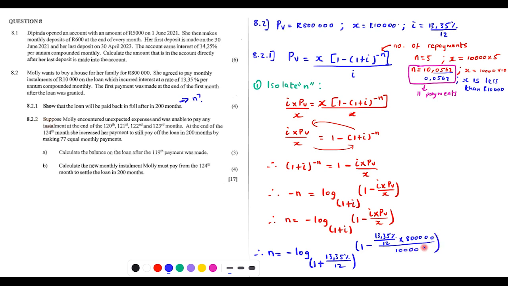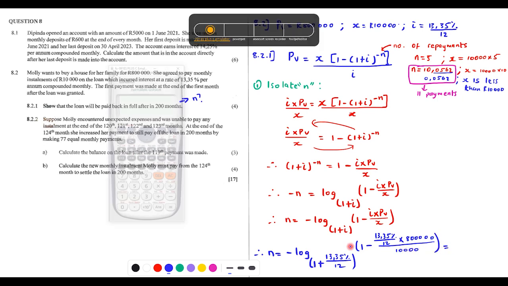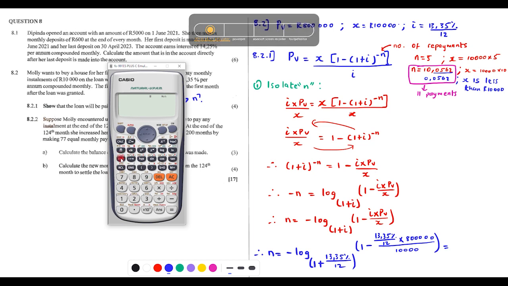Let's go ahead. So in our calculator we say minus log, and then we open a bracket there, 1 plus 13.35%. When you're writing this, please be sure that you write it carefully because you don't want to miss anything. And then here you say 1 minus, then I put a fraction, and I want to have a fraction on top, so I put a bracket and say 13.35%, then I say over.